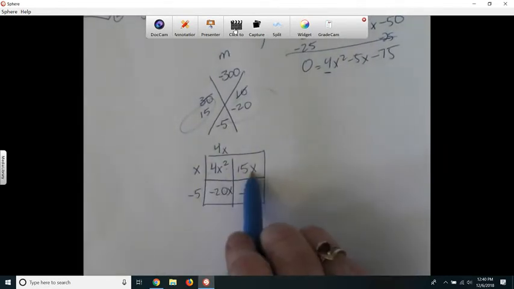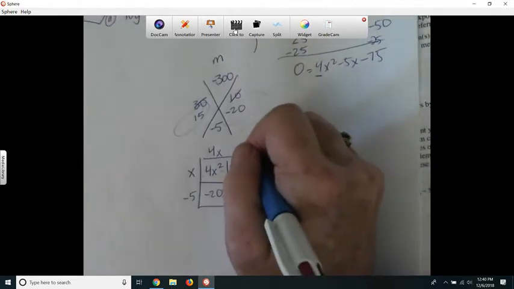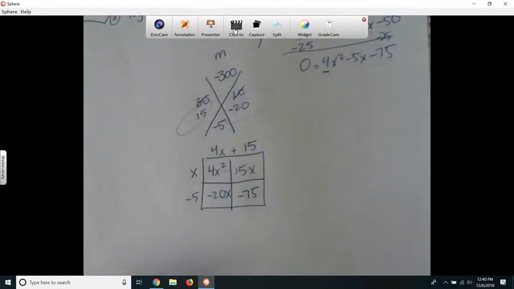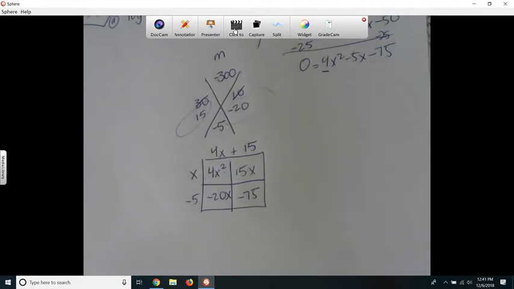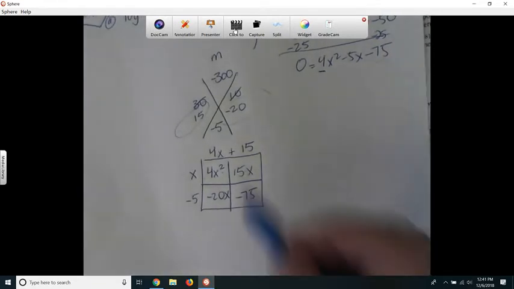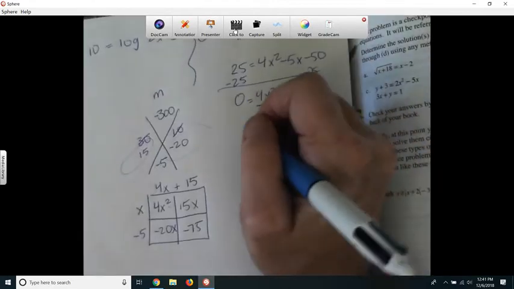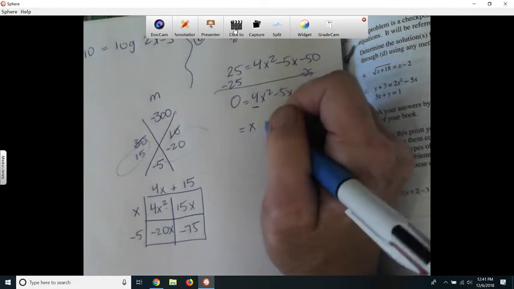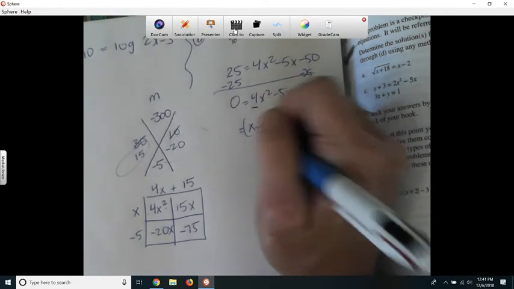And then this has got to be a 15. Hopefully 15, let's see, is it going to be positive? So hopefully 15 times 5 is actually 75, is it? Yes. Okay, so this seems to work. So now I've got this all factored, and if you didn't like the factoring, it's okay. You can just use quadratic formula on it.